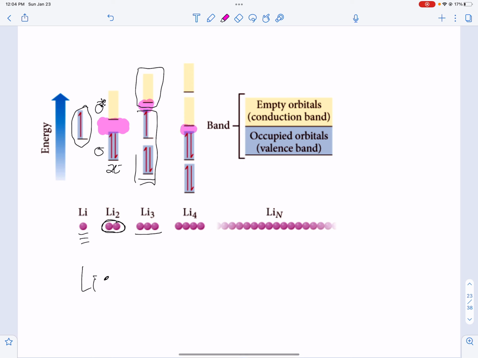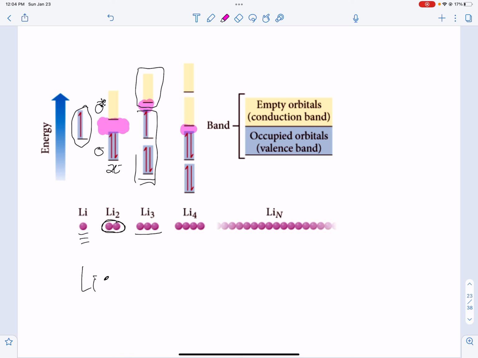Now this is the distance. If you happen to have a piece of lithium in your hands, you're not going to have 1, 2, 3, 4, or 5 lithium atoms. You're going to have trillions and trillions and trillions. Remember Avogadro's number, 10 to the 23rd?